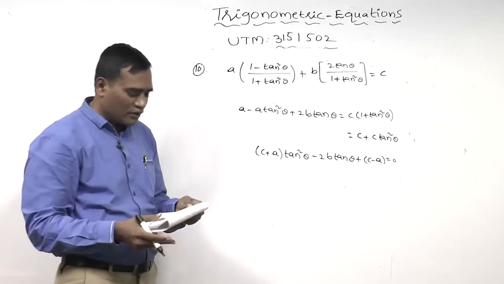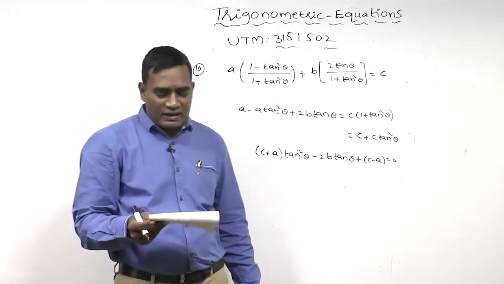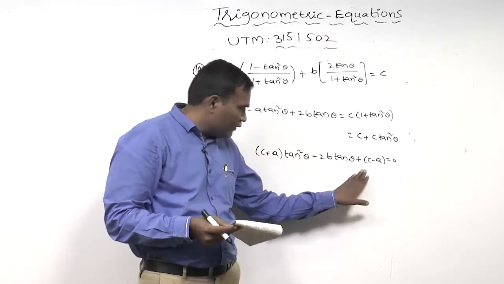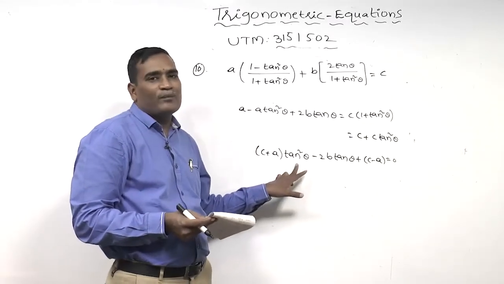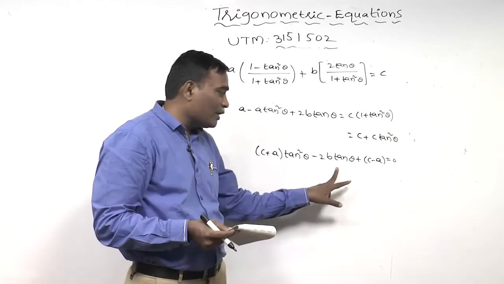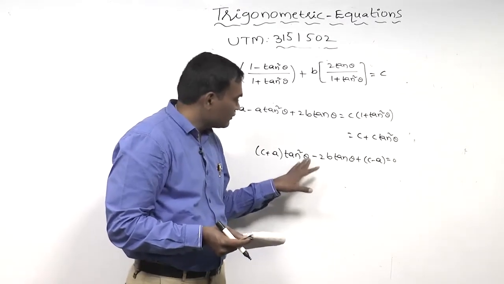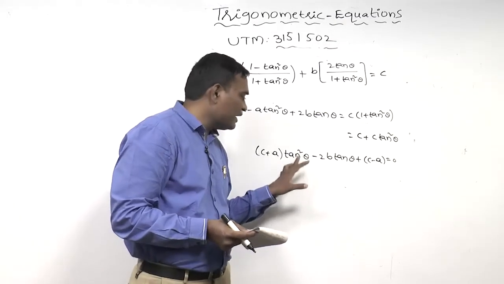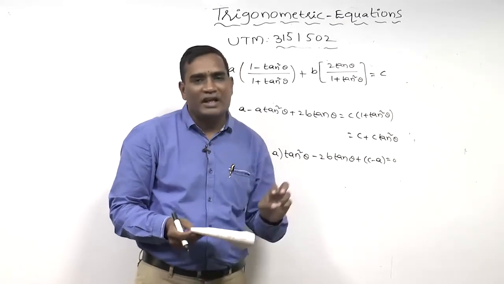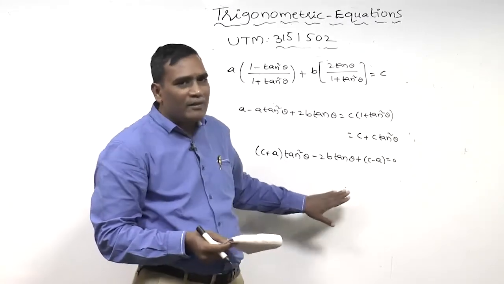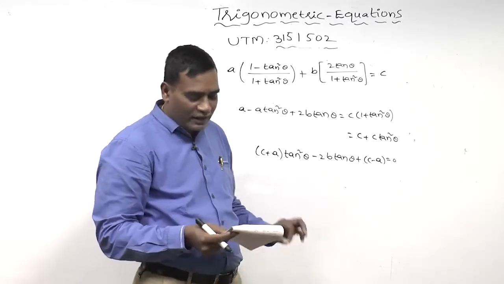What is given? What is the question? Alpha, beta are the solutions of the equation. This is the equation in terms of tan, which means tan alpha, tan beta satisfy this equation. So tan alpha, tan beta are the roots of this equation. What is the question?